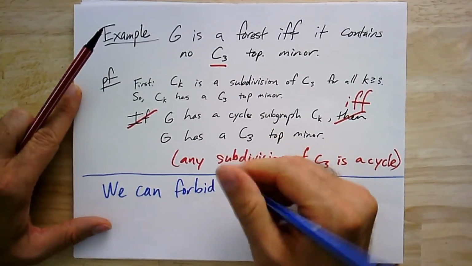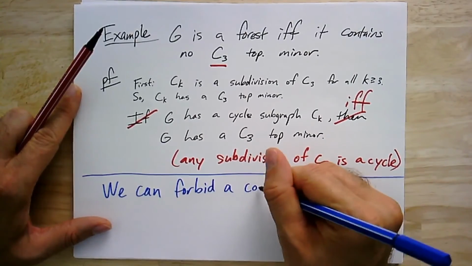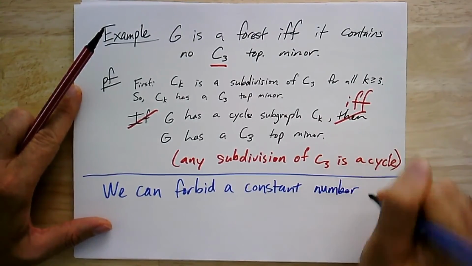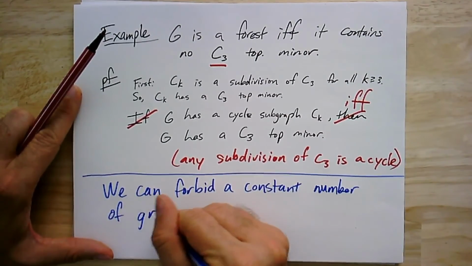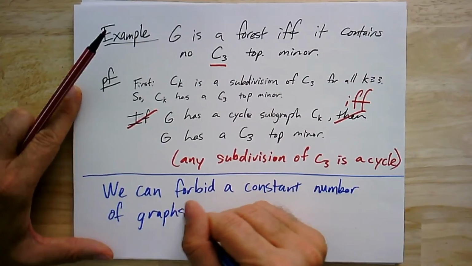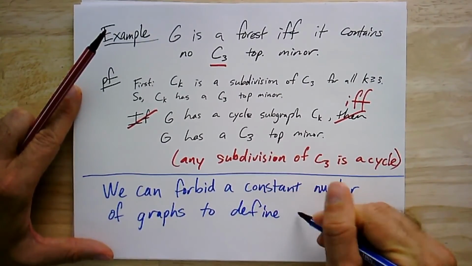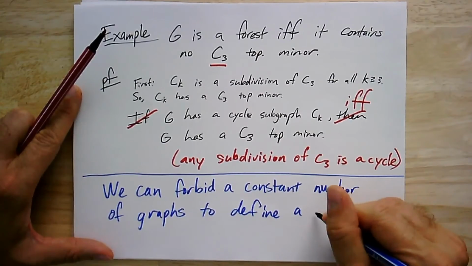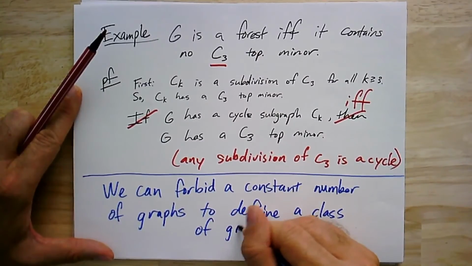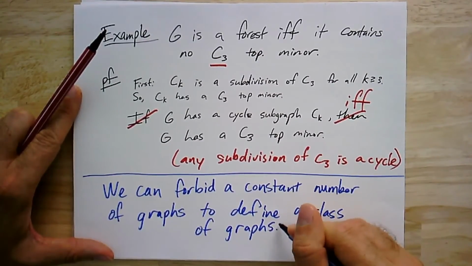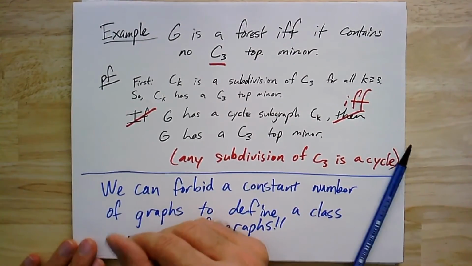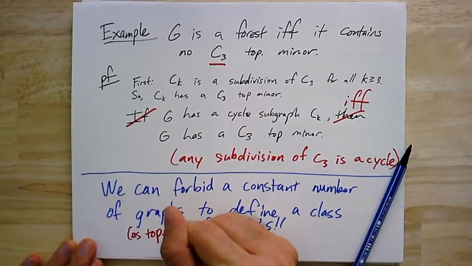And in this case, we now only have a constant number of graphs that we want to forbid. And that defines our whole class of forests. There's going to be a bunch of other classes of graphs that we can define just in terms of which topological minors they don't have. And when I say here a constant number of graphs, I mean graphs as topological minors.